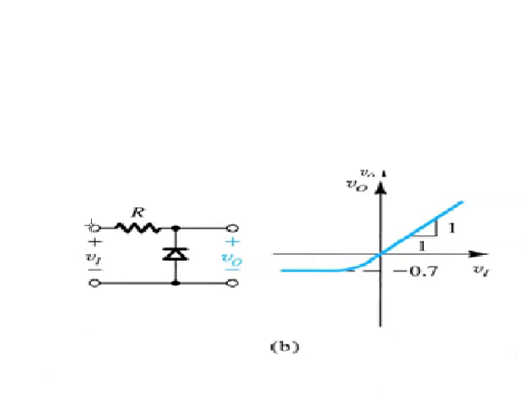So whatever is at the input will be shown at the output. Again, I'm going to remind you the input. Our input is always like this, okay? This is our input. So in the positive side, since the diode is off, it's going to be matching this.